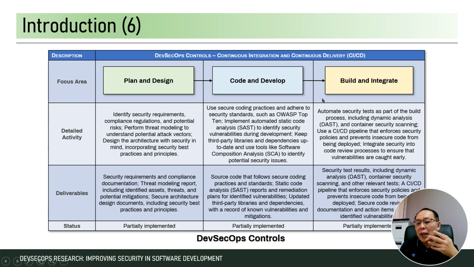We have several focus areas, and for each focus area we have detailed activities such as identifying security requirements, performing threat modeling, and so on, including secure coding best practices. We also came up with deliverables, for example the security requirements, compliance documentation, threat modeling report, and so on.